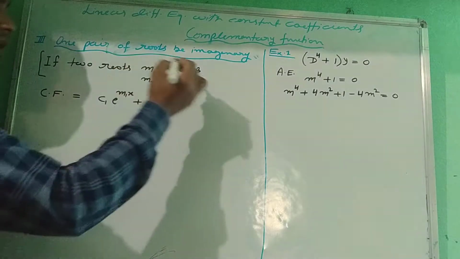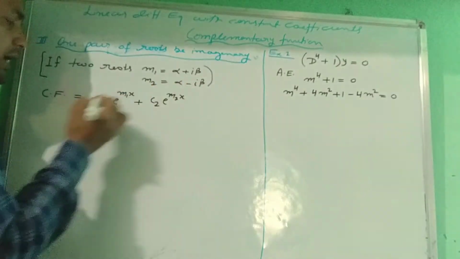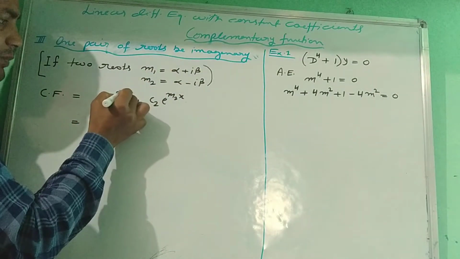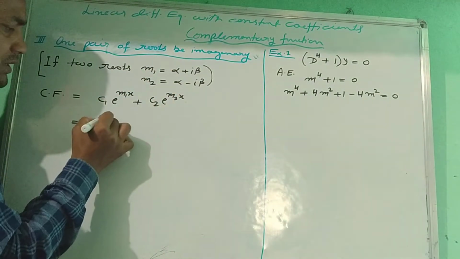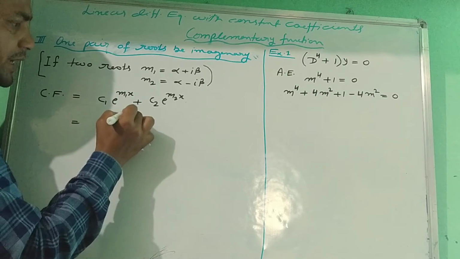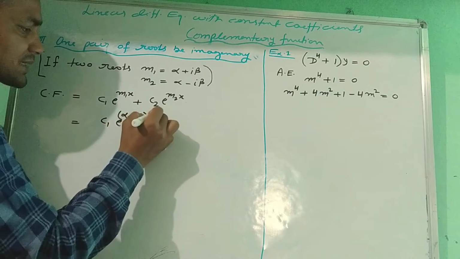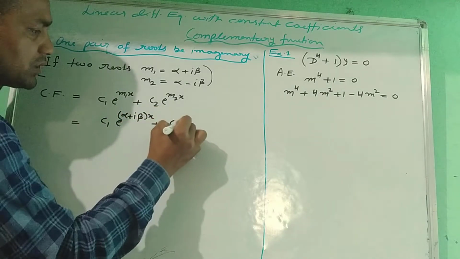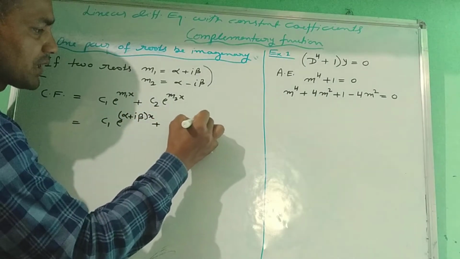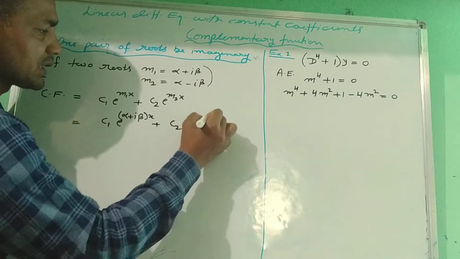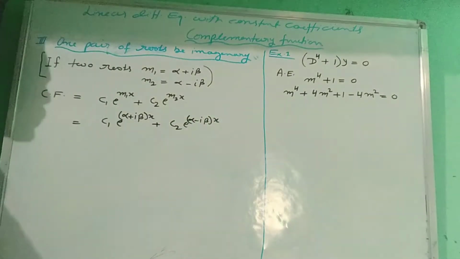Okay, but we have complex roots, and when we put the complex roots in the place of m1 and m2, this becomes c1 e to the power alpha plus iota beta times x, plus c2 e to the power alpha minus iota beta times x.